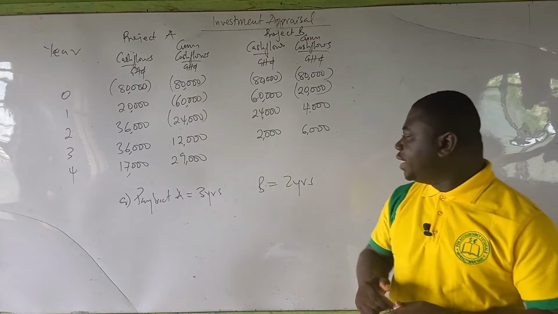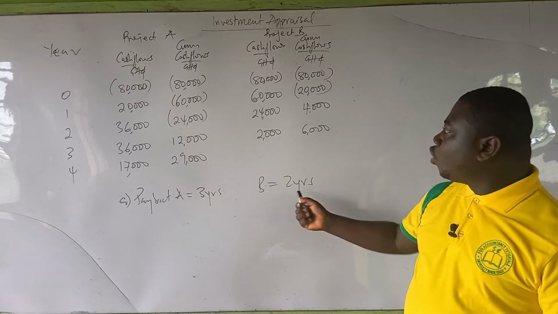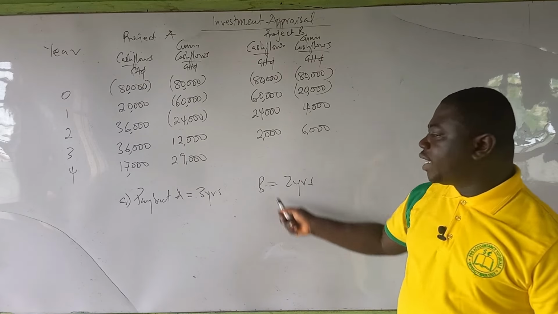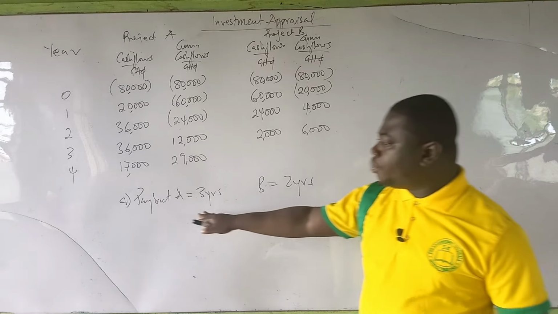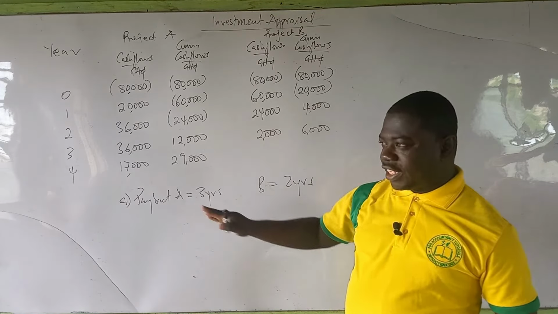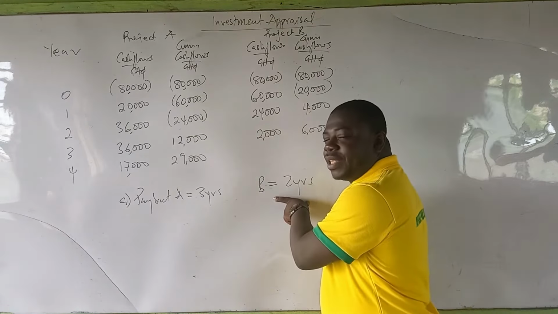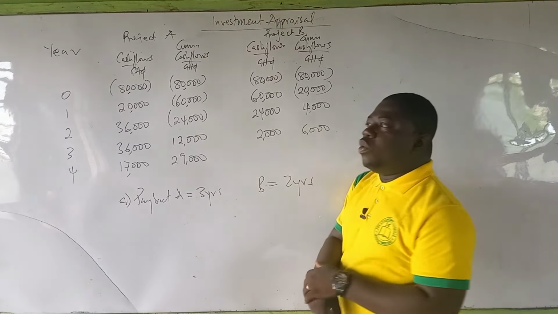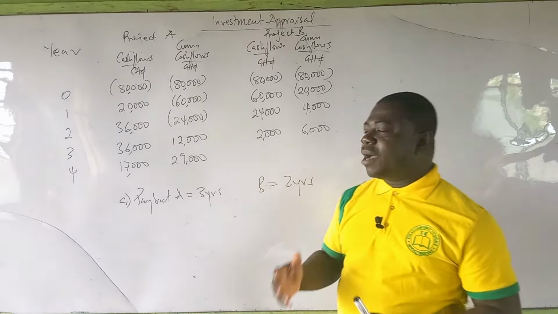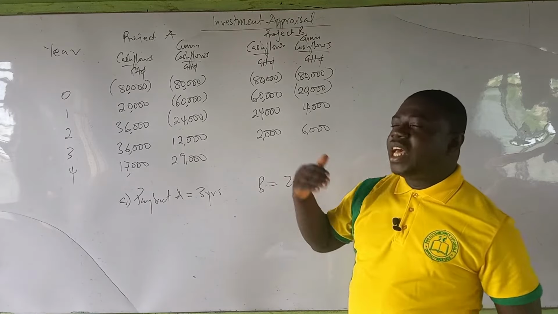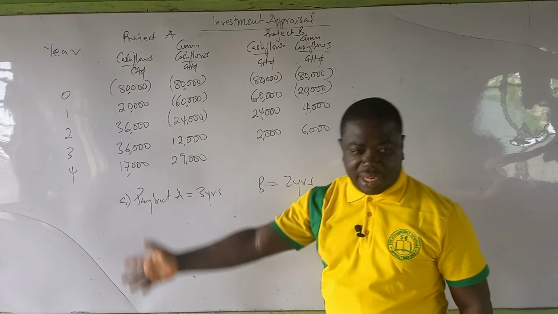And if you want to make a decision based on these two projects, because project B is paying back in a shorter period than project A, then based on the first assumption, project B should be accepted and embarked upon. Now, we know that the question told us that the company cannot accept a project that has a payback period of more than 3 years.